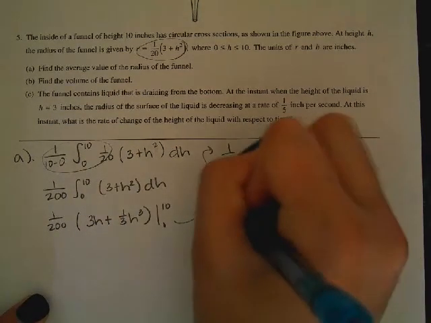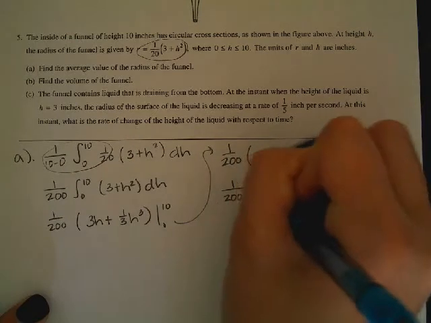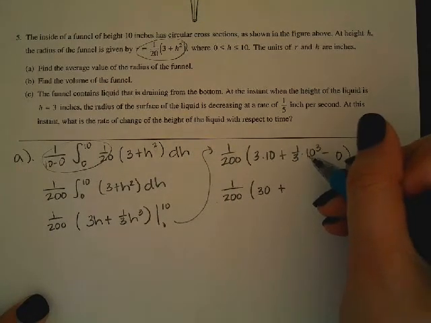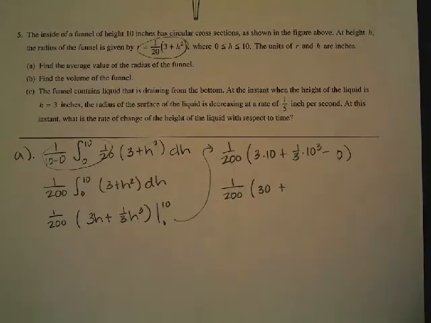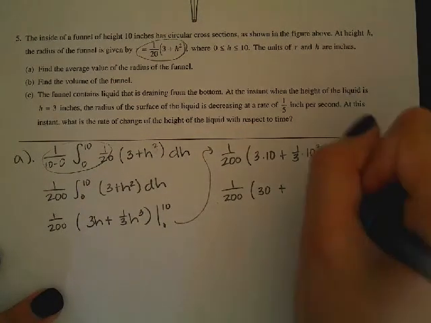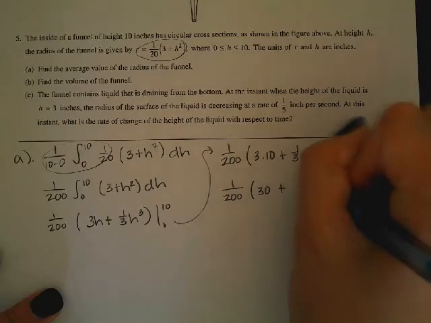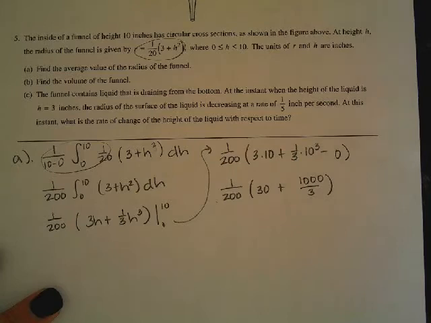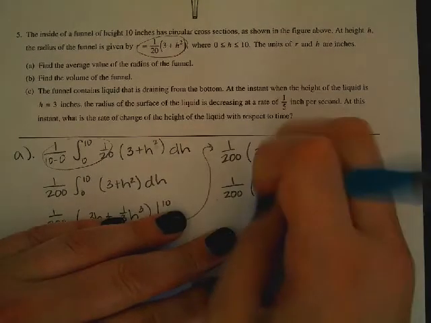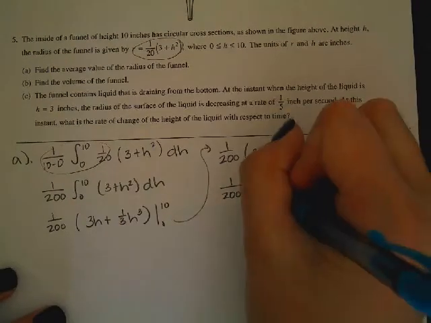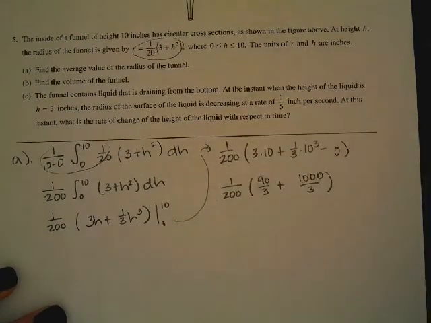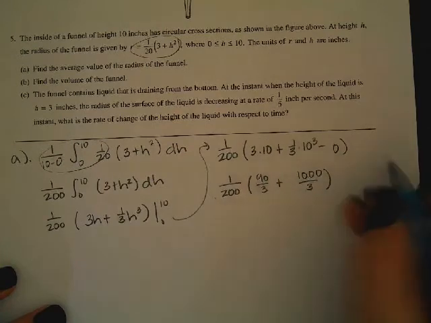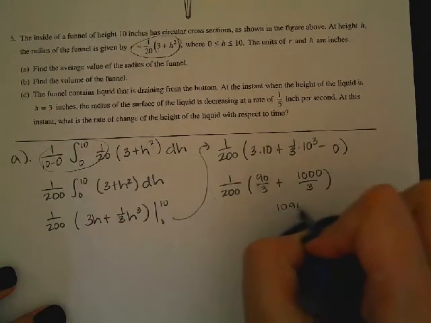So I have 1/200th times 30 plus 1/3 of 10,000. Yeah, 10 to the third, 10,000. Okay, so 30 is actually 90 divided by 3. So I have 90 plus 1,000, which is 1,090.